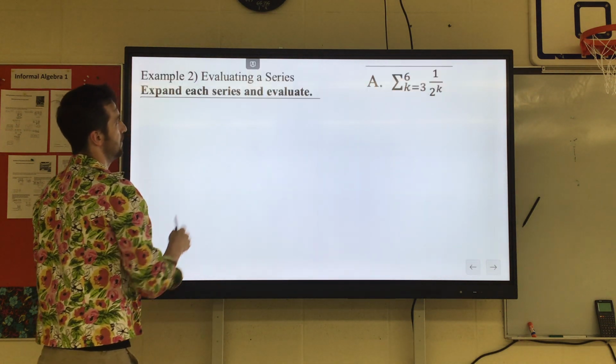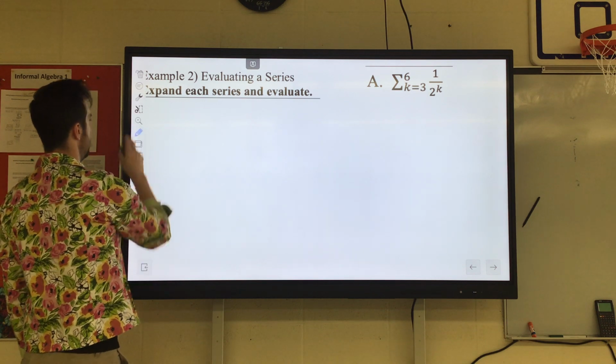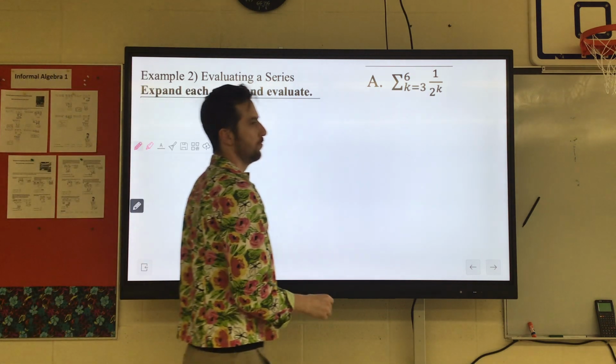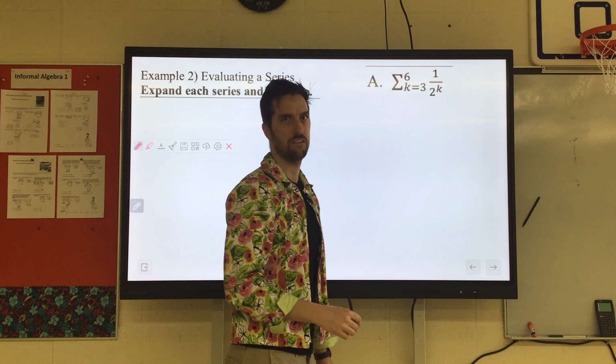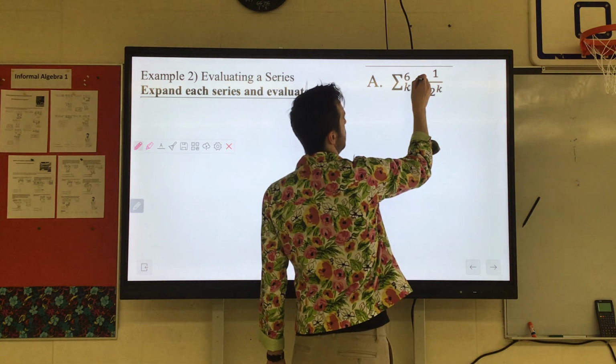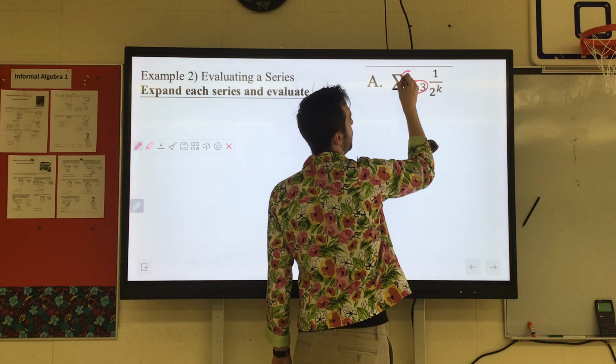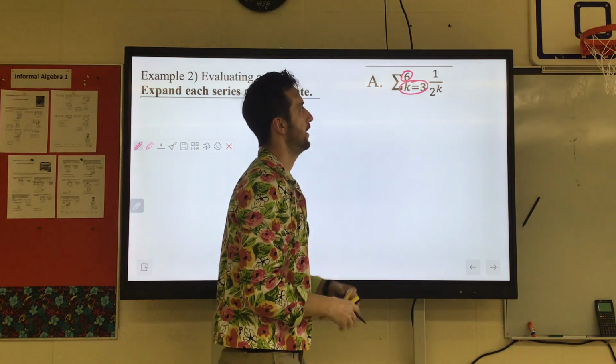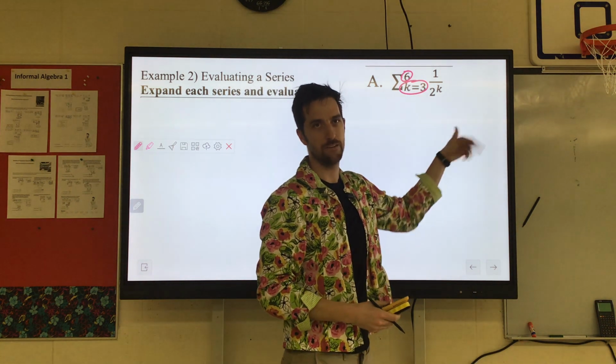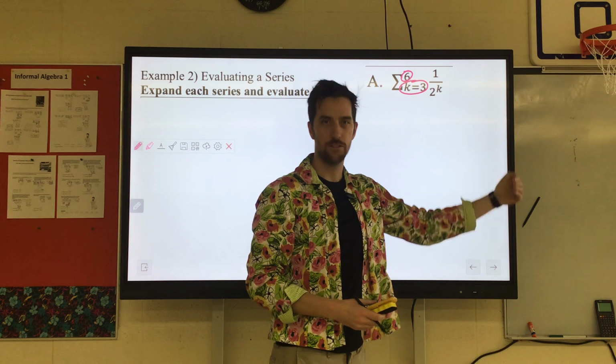There it is. Here we go. So this is saying that we're starting with the third term, we're going all the way to the sixth term, and we're using this pattern, 1 over 2 to the term number.